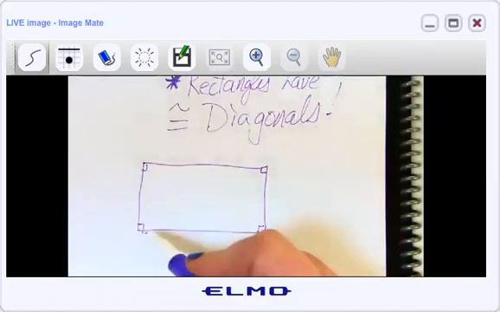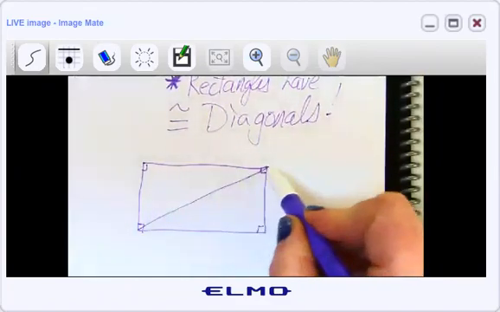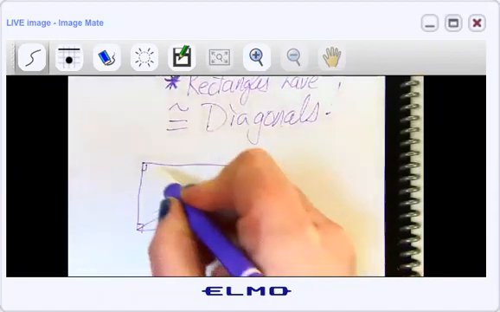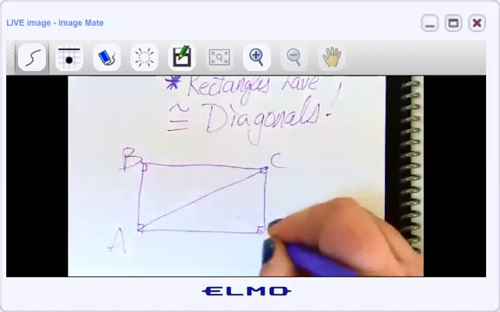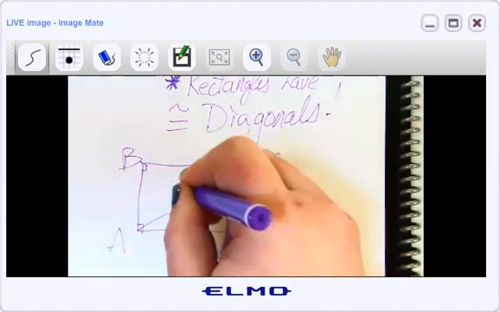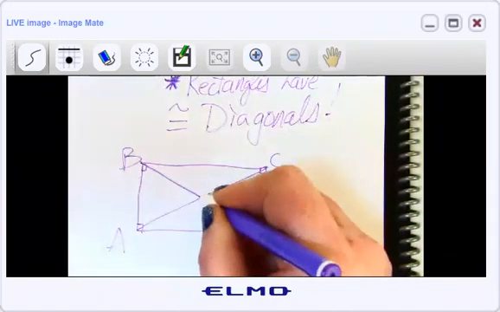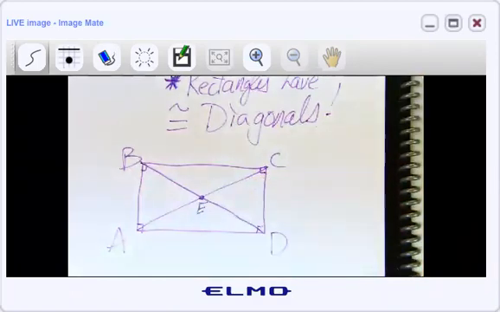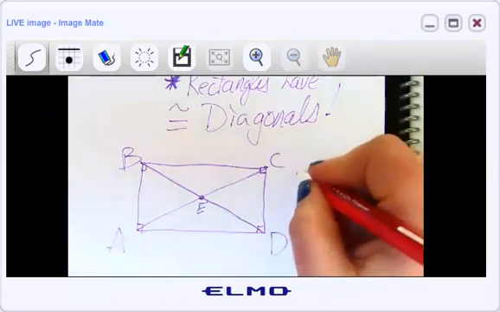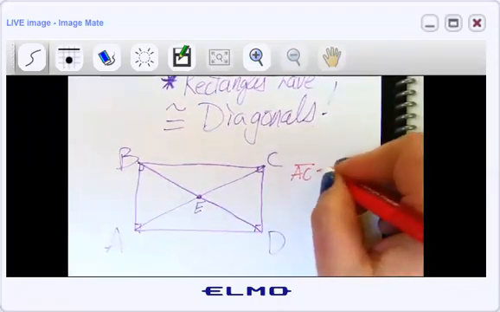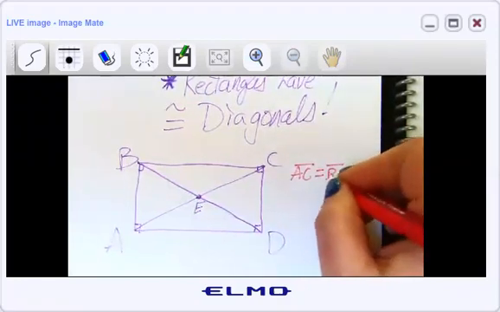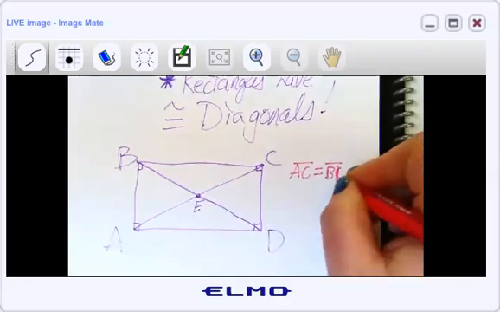And then if I draw in those 2 diagonals, okay, the fun fact today is that they're all going to be the same. So AC, the entire length of that diagonal, will be equal to the entire length of BD. Oh, that's not a D at all. There we go.